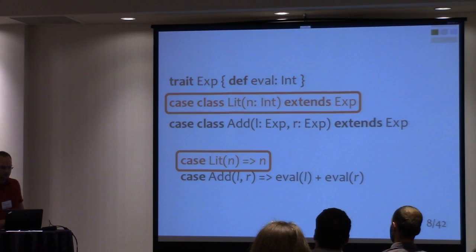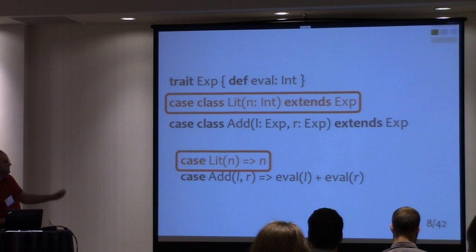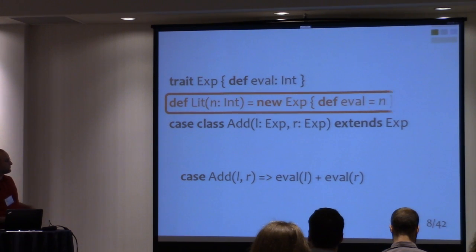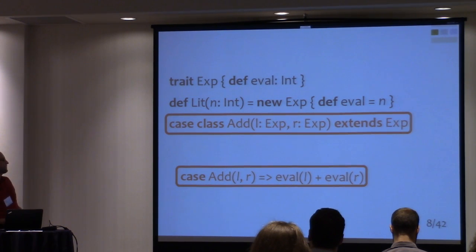For literals, we know that the only place where we ever deconstruct literals is in the pattern matching. So instead of producing a case class, which we can pattern match on, we just write a function that returns an expression with the correct implementation of eval. So we pull the right-hand side of the pattern matching into the right-hand side of this equation. And then with addition, we can do the same thing.